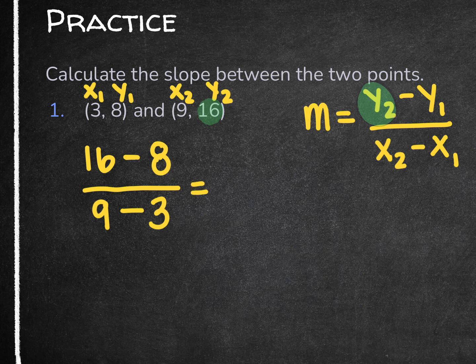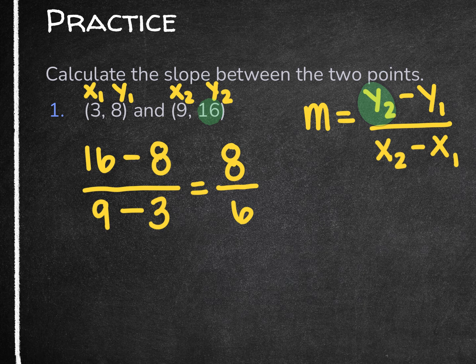When you simplify this, you simplify the top first. So I can take 16 minus 8 on top, and that gives me 8. And take 9 minus 3 on the bottom, which gives me 6. Once you get your fraction, you need to try to simplify it. So find a number that divides both 8 and 6 at the same time.